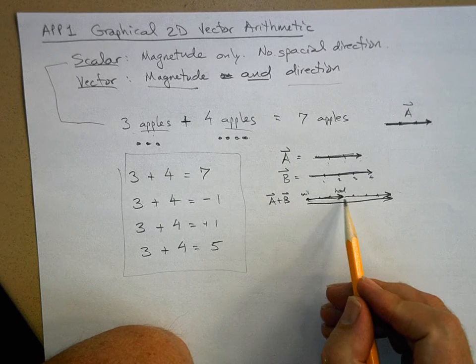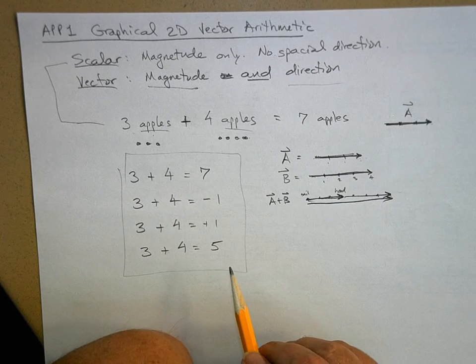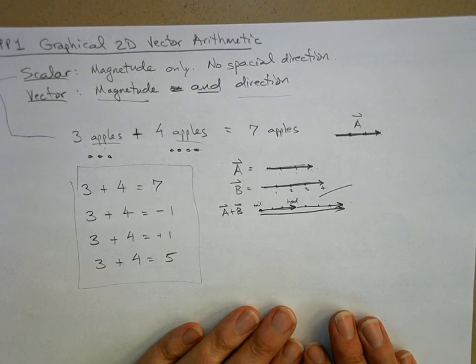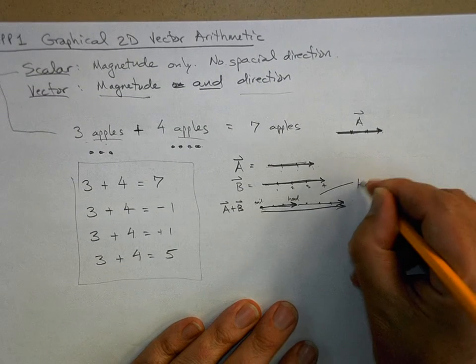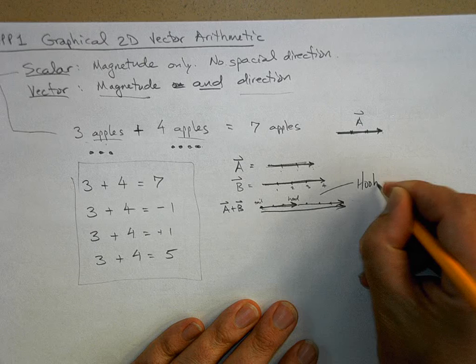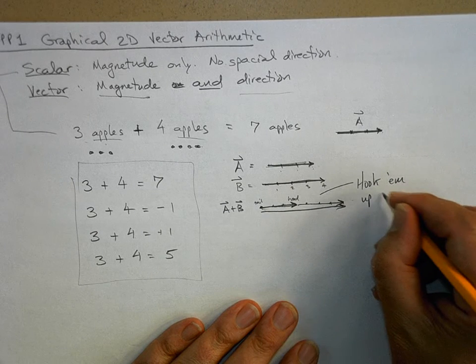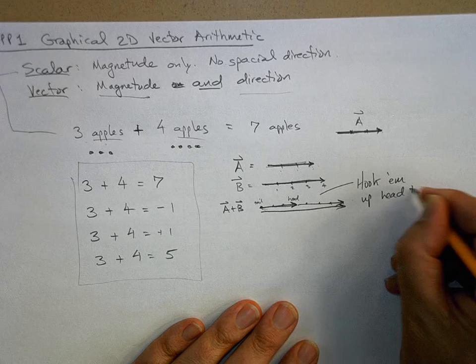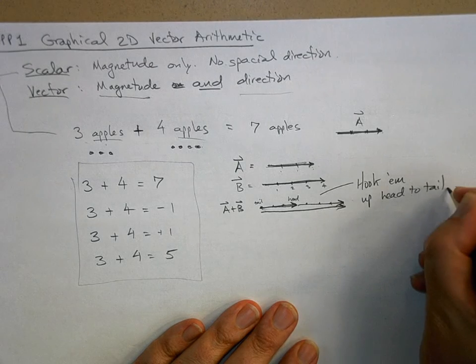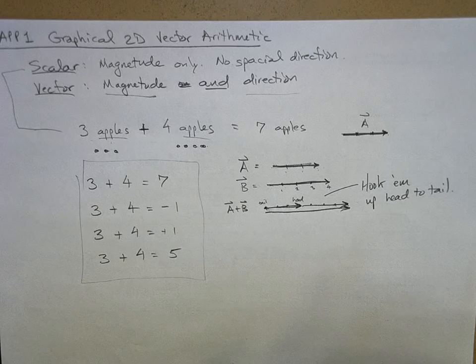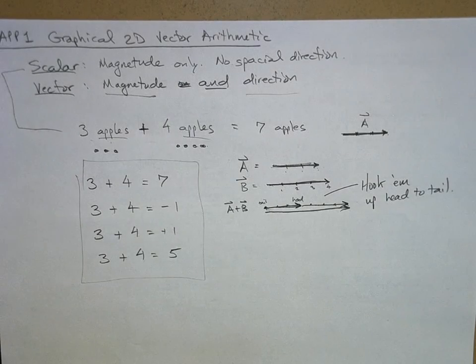And so what you want to do when you add two vectors together is you hook them up, head to tail. You put the tail of the second one on the head of the first one.